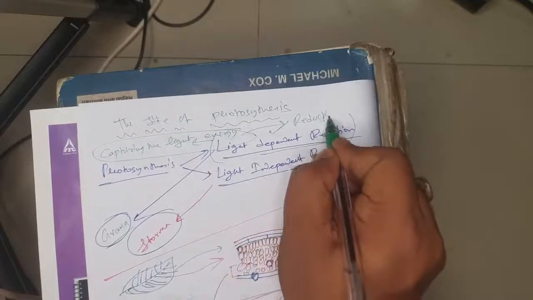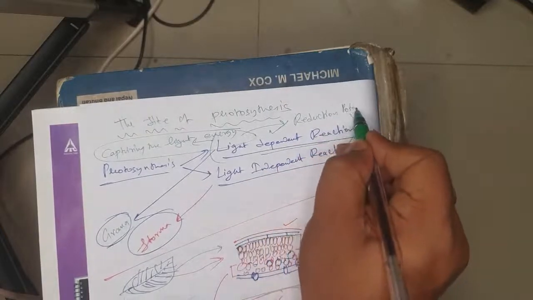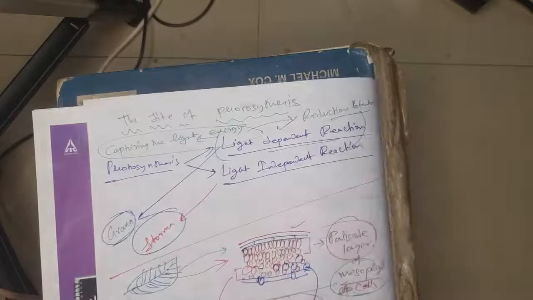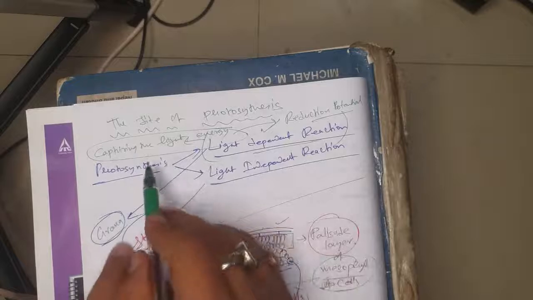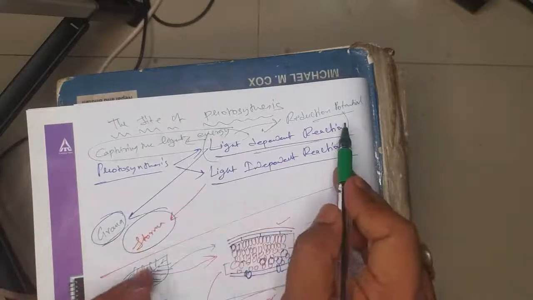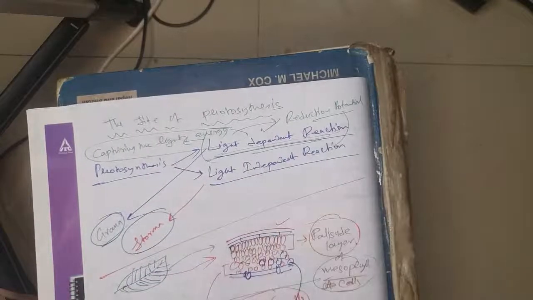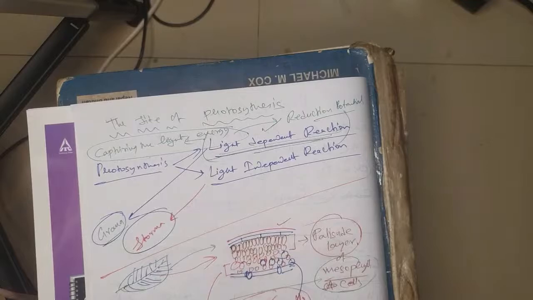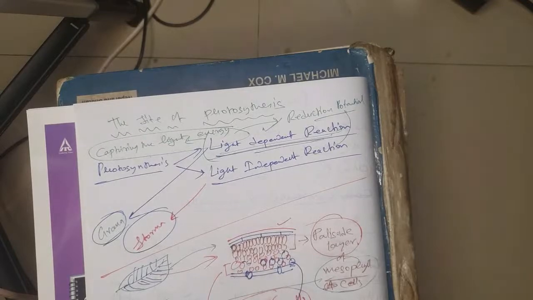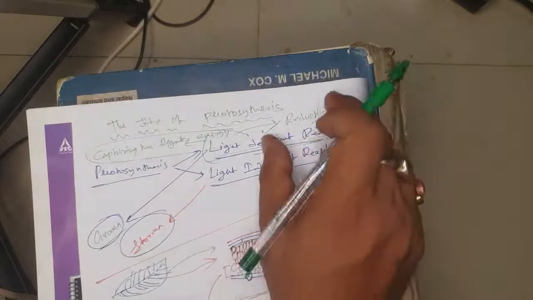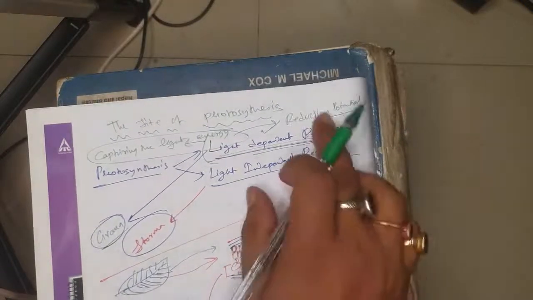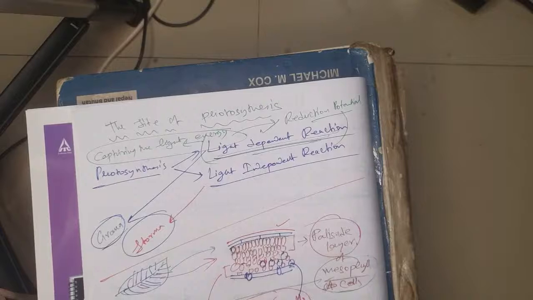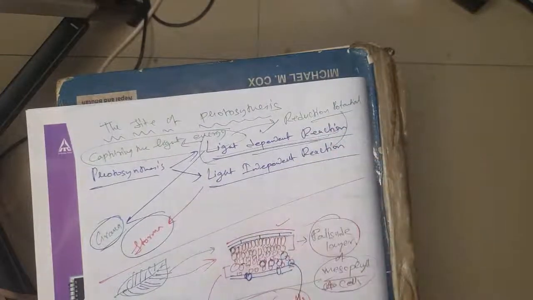If you want to use more scientific language, you should say that conversion of the light energy into reduction potential is known as the light dependent reaction. Why am I saying reduction potential? Because you can use this energy later to convert it into chemical energy. Reduction potential is itself a chemical energy.